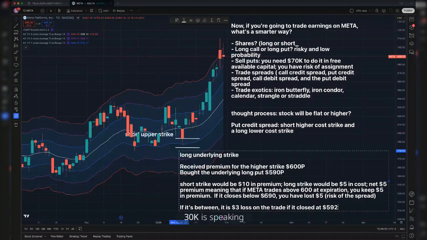Okay, so let me try this. This takes a bit to get. So the risk to you is essentially the risk of the spread. So if you're buying, this is a short option. So this is a premium collection option, right?